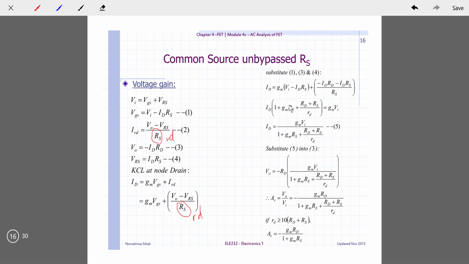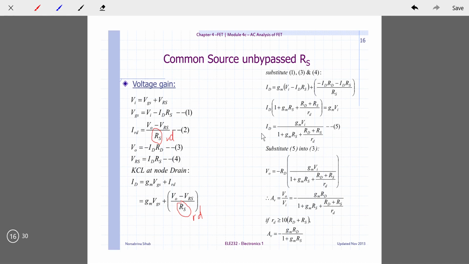After you have simplified the equation, you will get ID equals GM V in over 1 plus GM RS plus RD plus RS over small letter RD. Okay, so substitute 5 into 3.